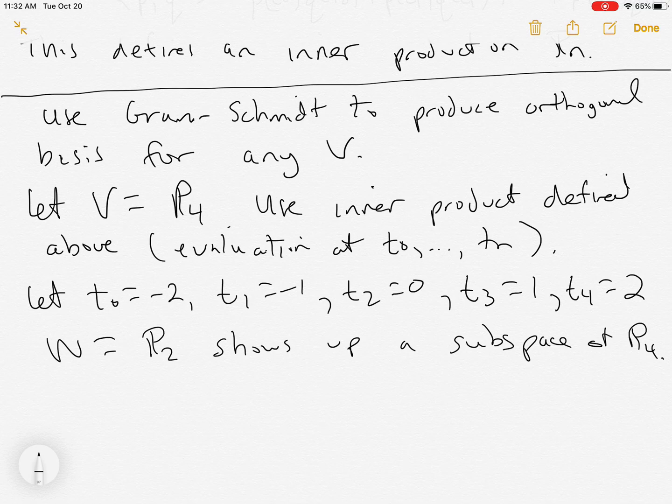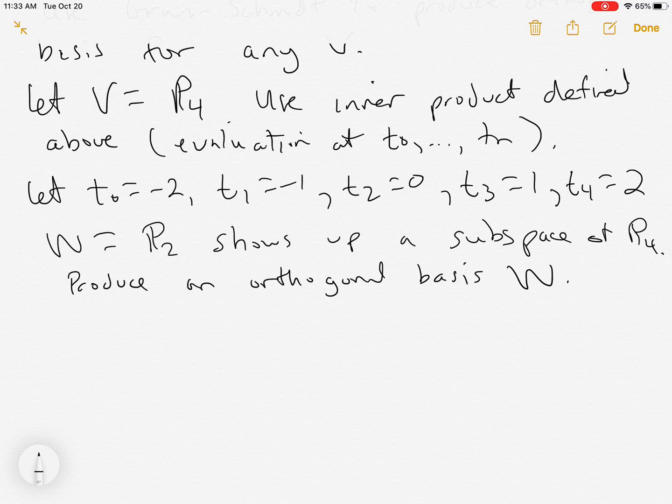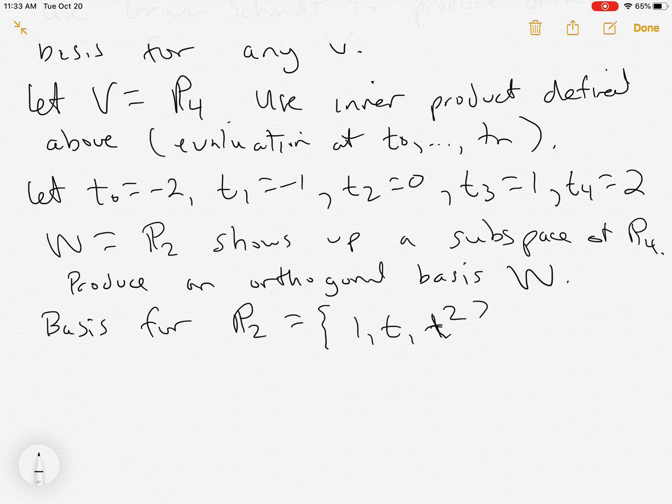And we want to produce an orthogonal basis for this W, which is isometric or isomorphic to P2. So what we need is a basis for P2, and the standard basis is 1, t, t squared.